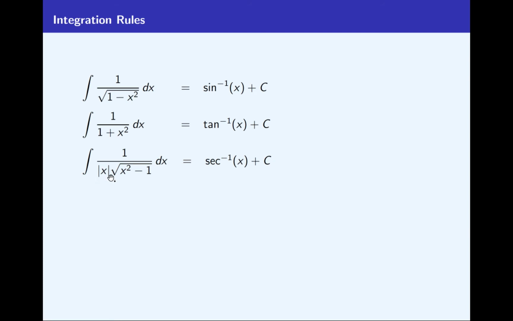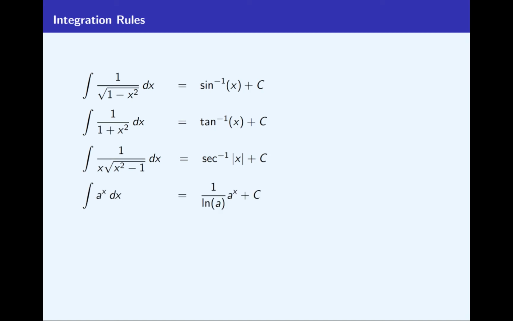So we're going to move it from here to there, and you can check that these are equal. So we get the integral of 1 over x times square root of x squared minus 1 dx equals secant inverse absolute value of x plus c. So remember these, and hopefully it's not a whole lot to remember since you already know the derivative rules.